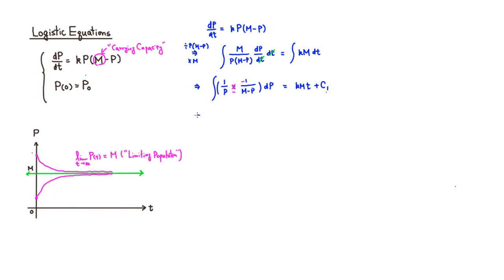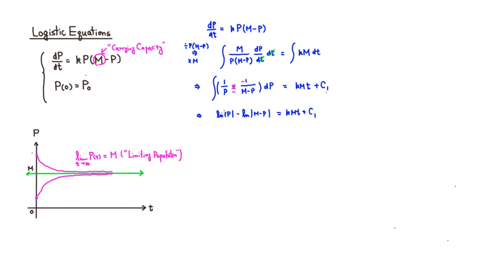The antiderivative is going to be natural log of the absolute value of P, minus the natural log of the absolute value of M minus P. And this is equal to kMt plus some constant c1.